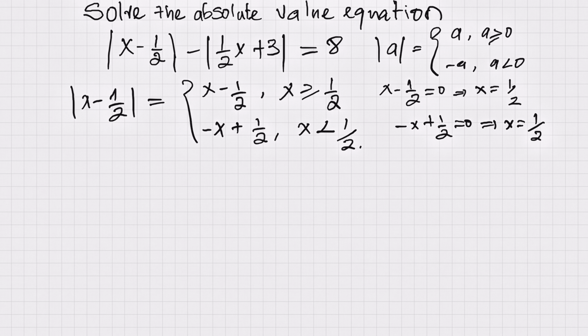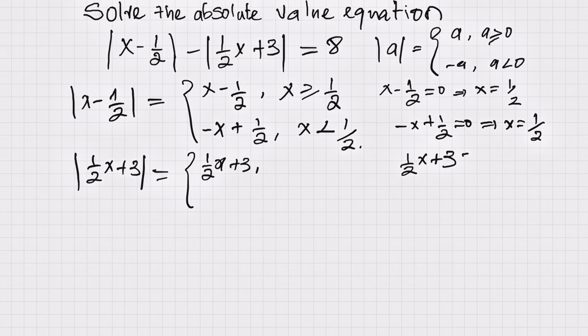Now let's look at the other one. Let's look at this absolute value, the absolute value of half x plus 3. It is positive when what? The zeros here: half x plus 3 equal to 0 will mean x is equal to negative 6.